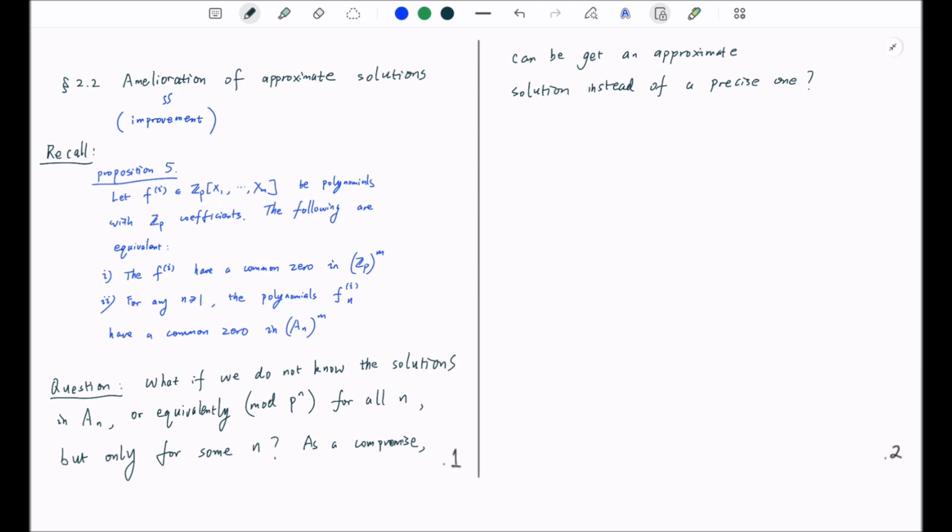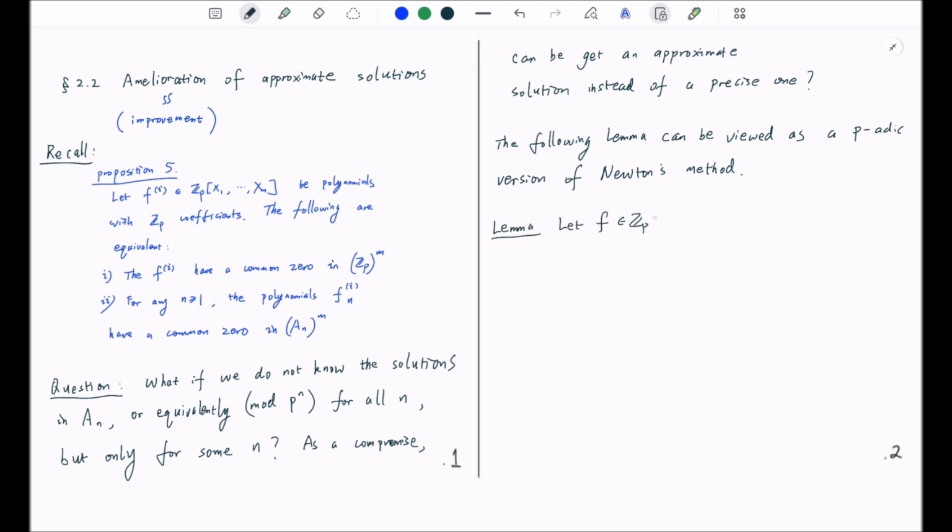The first task in this section is to establish a lemma that can be viewed as a p-adic version of Newton's method. Let f be a polynomial in one variable over the ring of p-adic integers, and let f prime be its formal derivative.